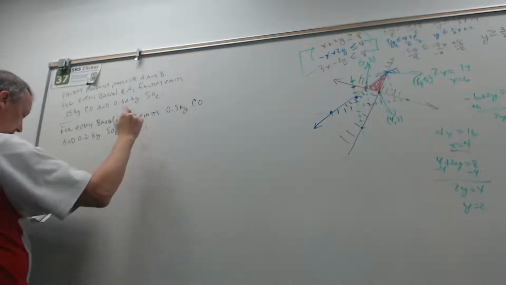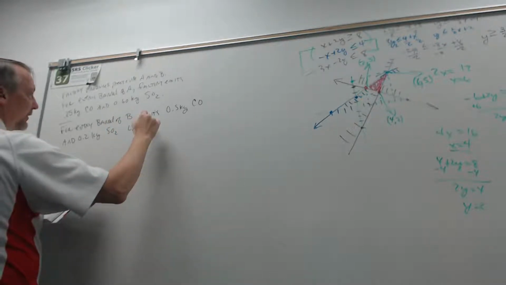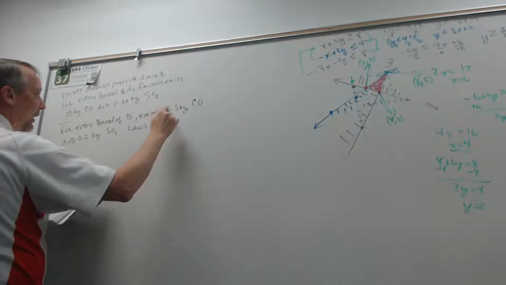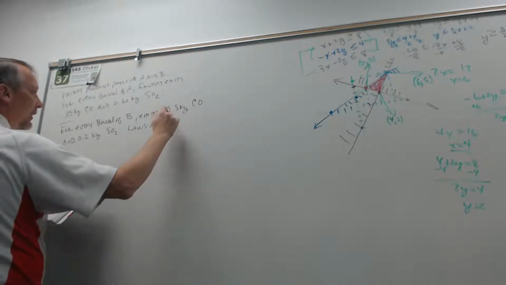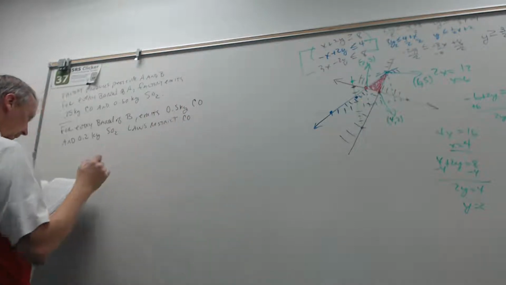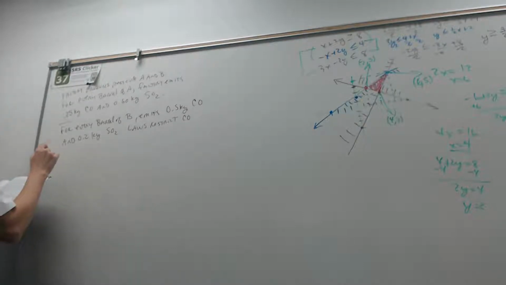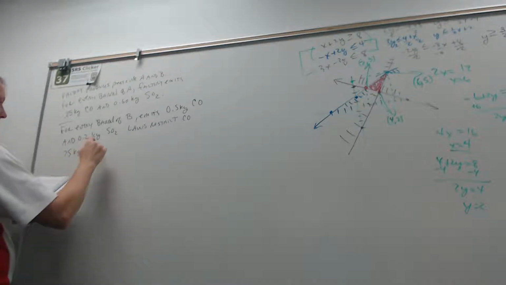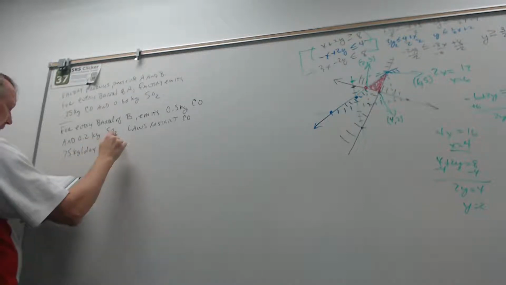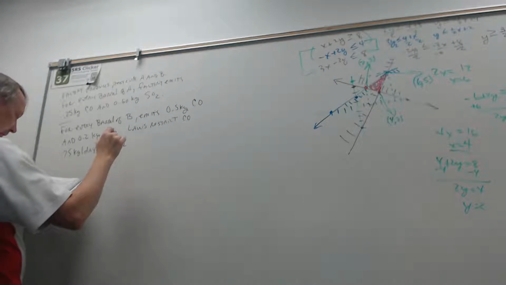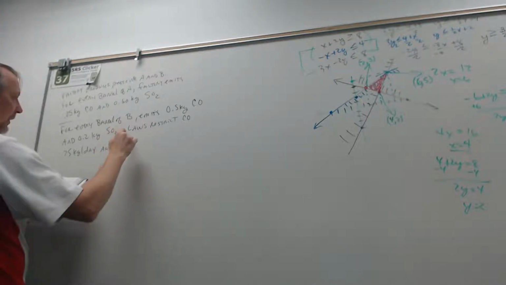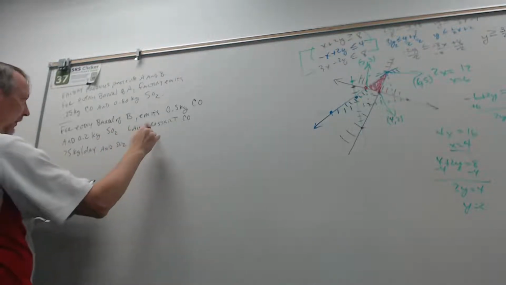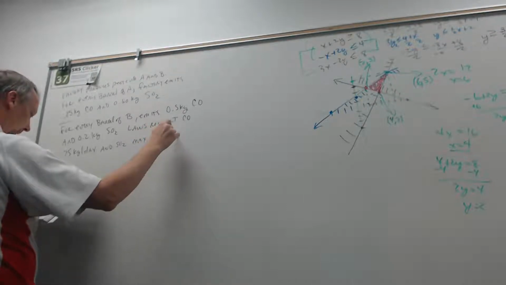Laws restrict CO to 75 kilograms per day, and SO2 has a max of 90 kilograms per day.